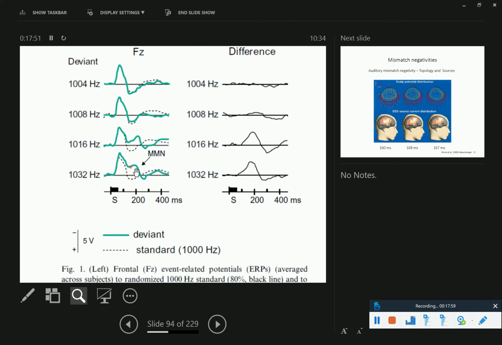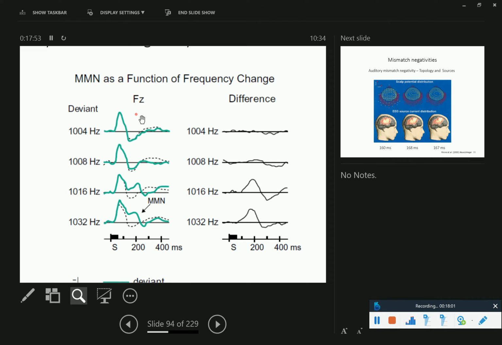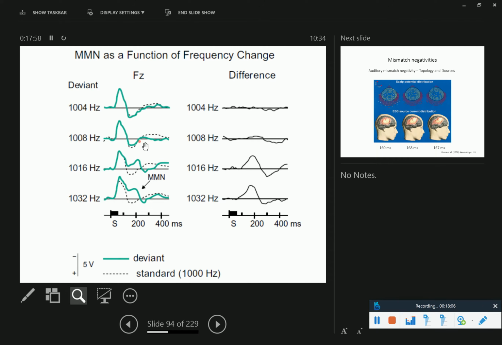And this is shown for a single electrode. There are two things that you see from this. One thing is that this mismatch negativity is not an on-off response, but is parametrically modulated by how deviant the deviation is.